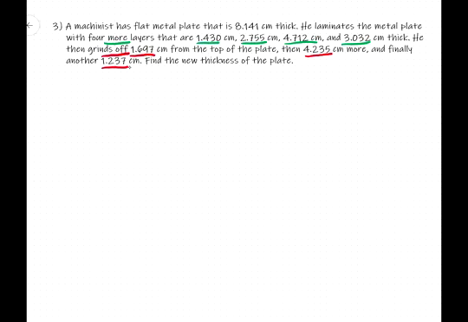Find the new thickness of the plate. So this looks like another situation. It looks like these 3 problems are all very, very similar, almost the same problem. There's a starting value. Then there's some change that happens. Then there's an ending value.